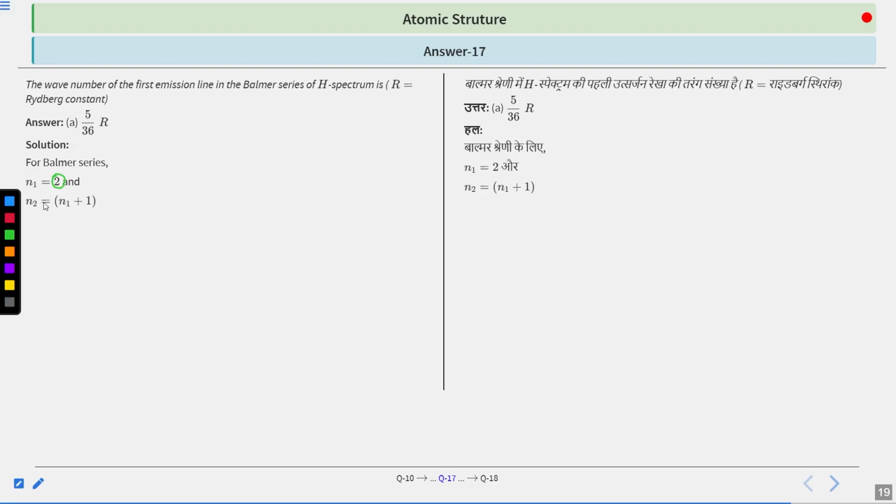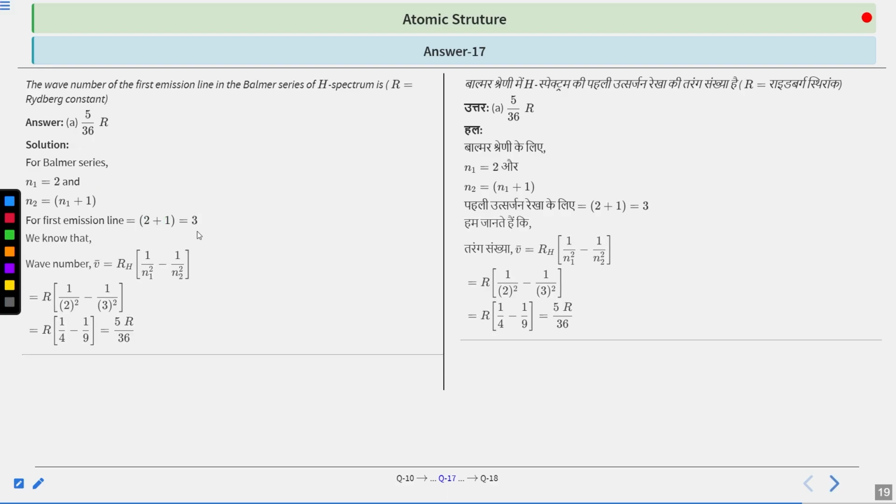Because the final level is 2, the first emission will come from the level just adjacent above 2, which is 3. Of course, very easy to calculate: n plus 1 gives you 3.